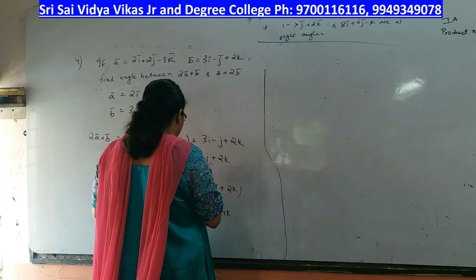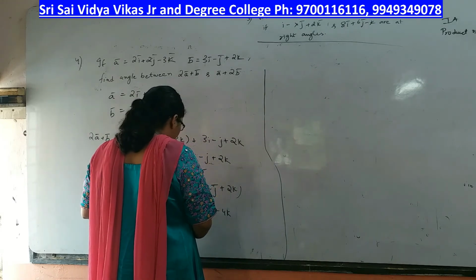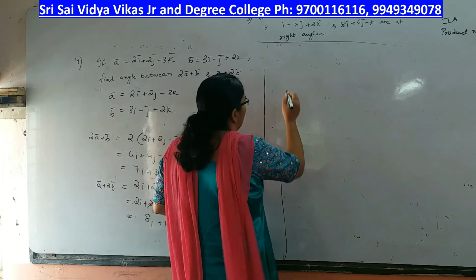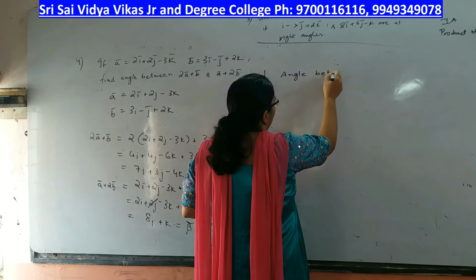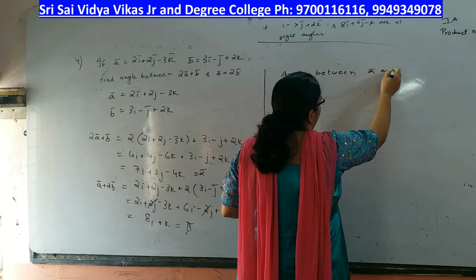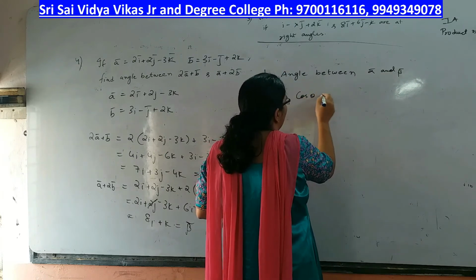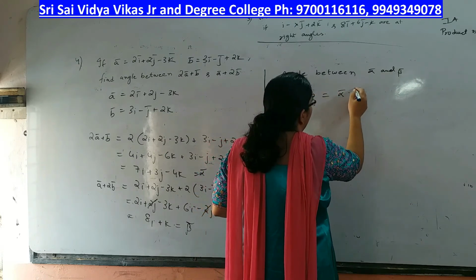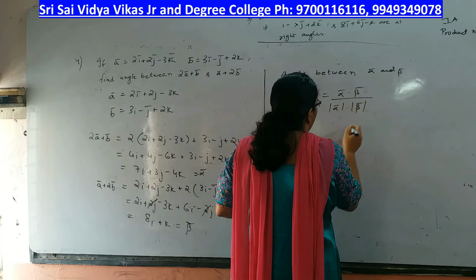Let us call this as alpha, let us call this as beta. Angle between alpha bar and beta bar: cos theta is equal to alpha bar dot beta bar by modulus of alpha bar into modulus of beta bar.